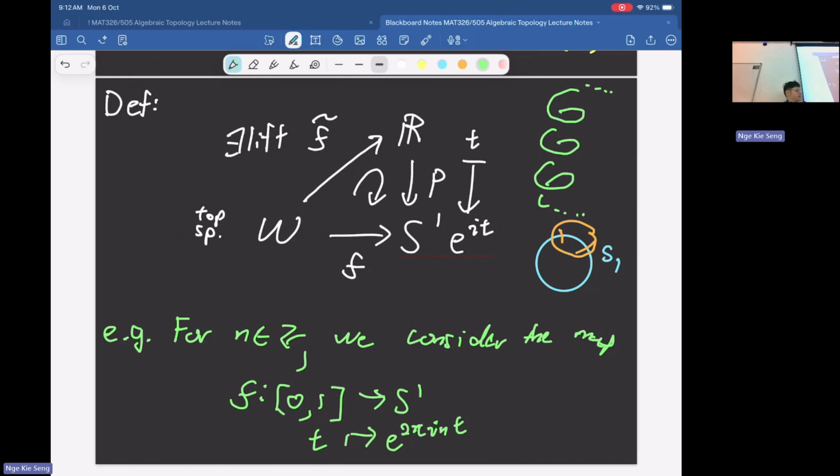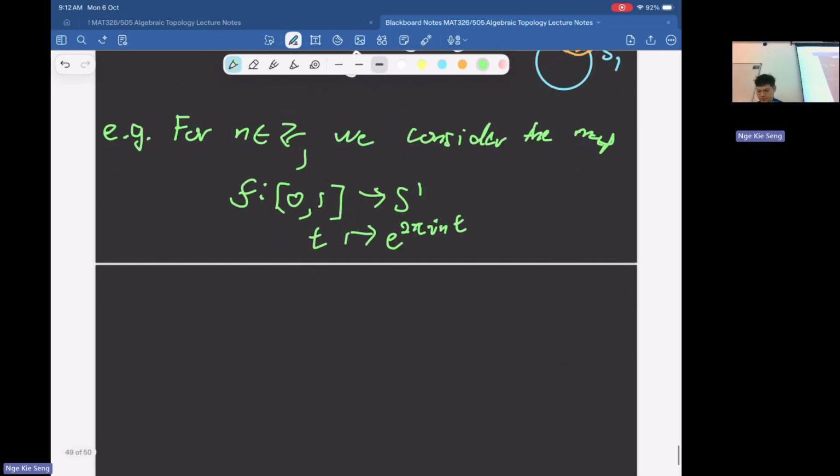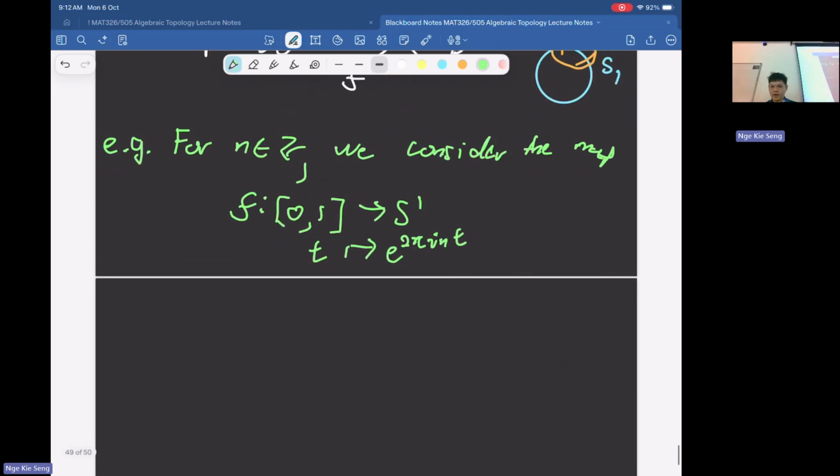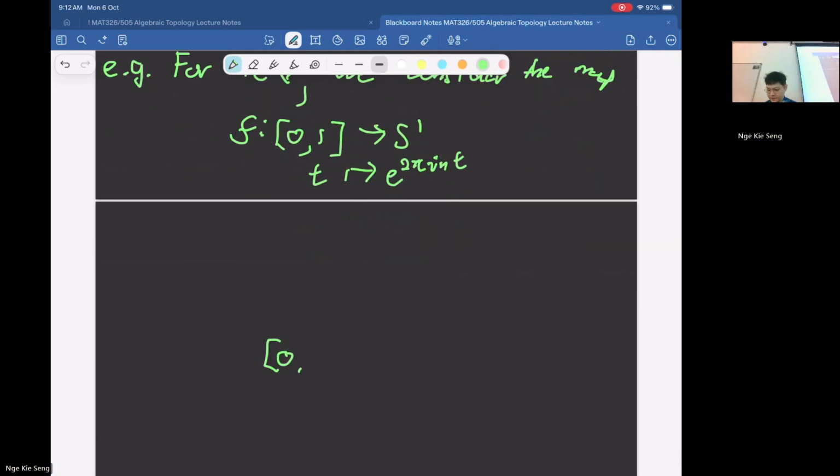This interval makes sure that for almost all points this map is a bijection; only at 0 and 1 they coincide. So what kind of lift is this? Let's draw the triangle out. We lift to R and then down.